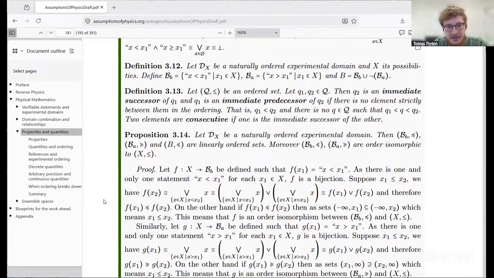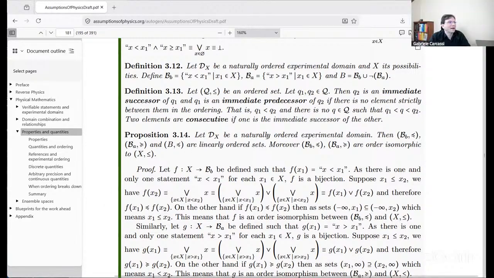Moreover, before with narrowness and after with broadness are order isomorphic to the possibilities with less or equal, the one that we defined before, essentially.